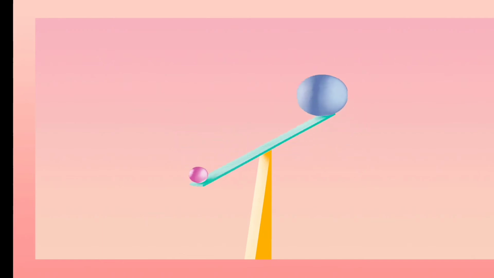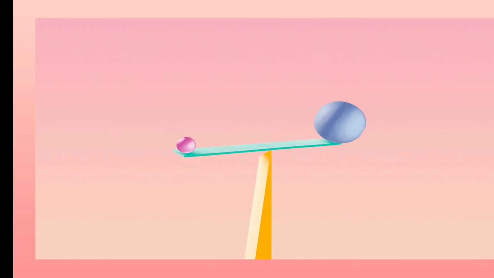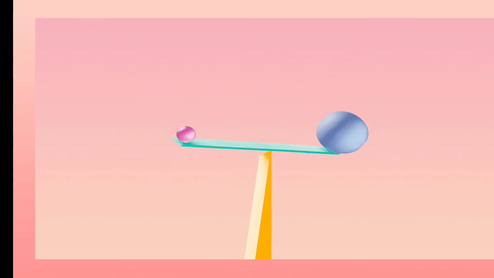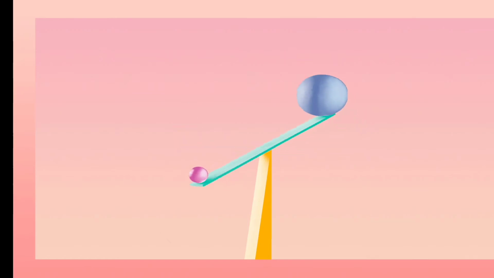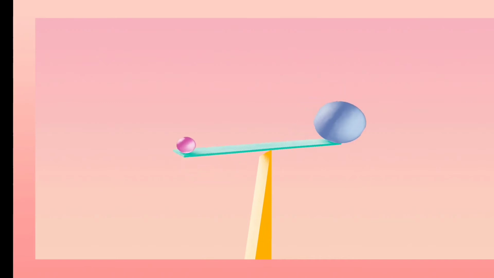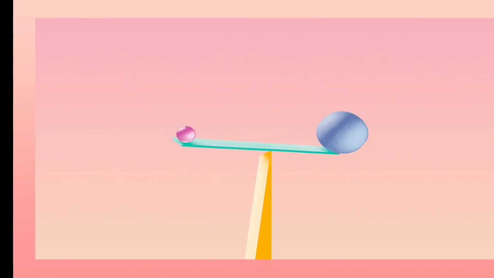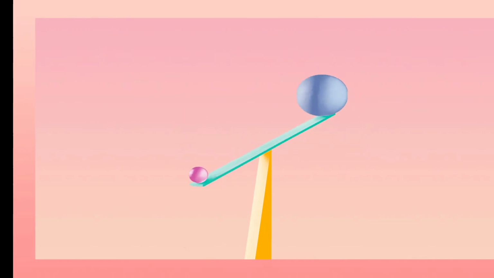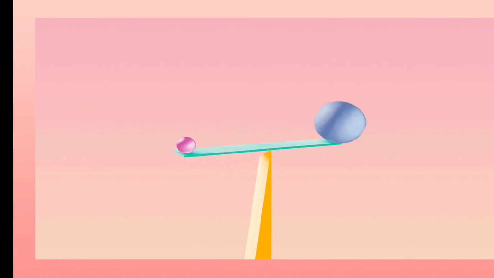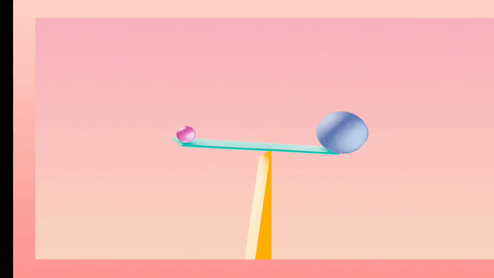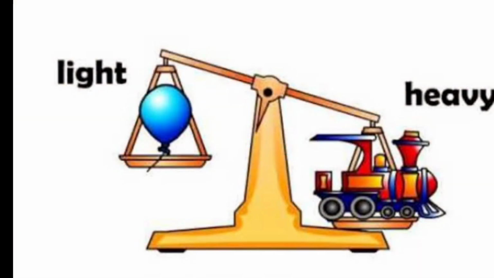The thing that is heavier always pulls the balance down, and the thing that is lighter always goes up, because it is light. The thing that is very heavy is pulling the balance down.